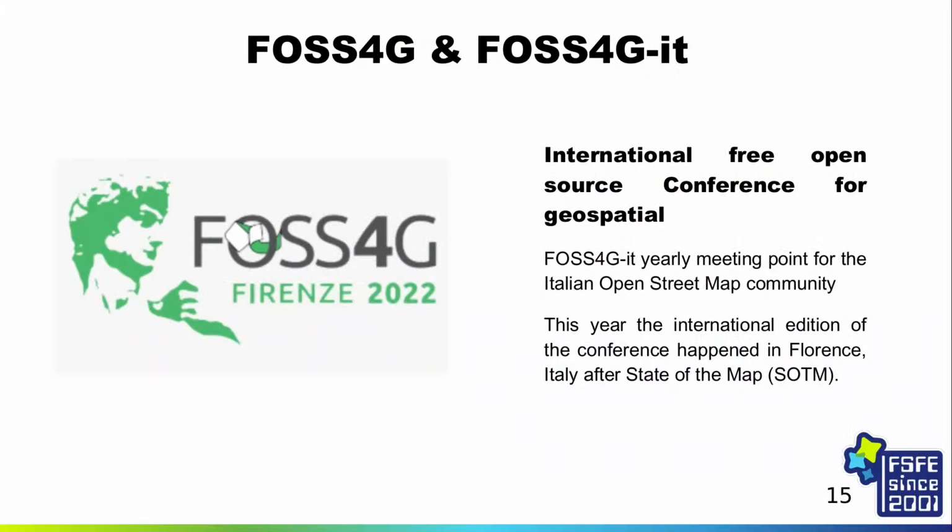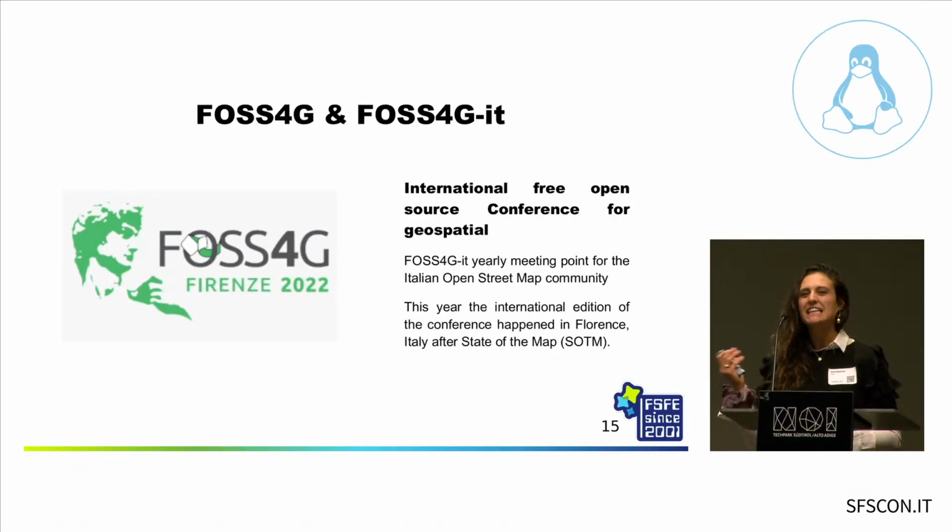The OpenStreetMap community of Italy also normally meets at FOSS4G Italy, which is the free and open source conference for geospatial. This year, the International FOSS4G happened again in Florence, so we didn't have the Italian one, and they all met at the FOSS4G International.